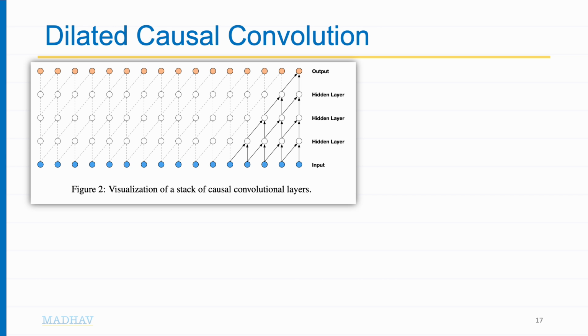What's the meaning of causal? Raise your hand. We didn't discuss last class. Okay, I will discuss now. What is the meaning of causal? Anybody remembers? Those who have done signal processing, they will remember. Causal means it depends only on the past or the current input.